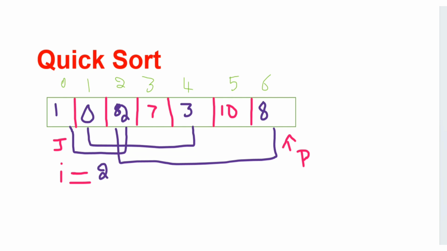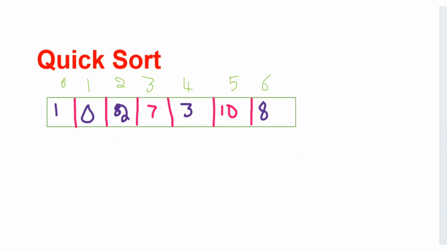Next we move on to the recursive sorting. First, we need to divide the array into two sublists. This is the pivot element, right?